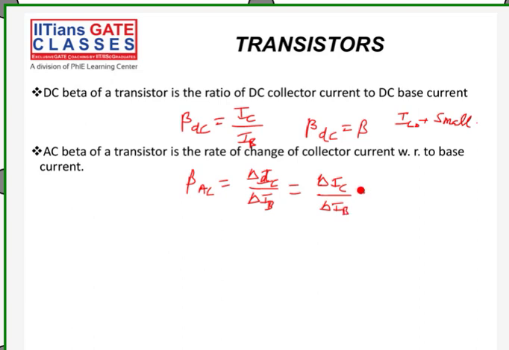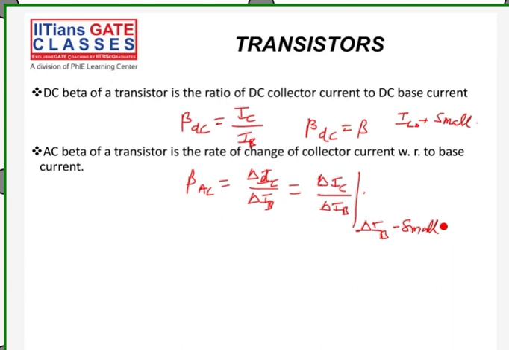Directly we can understand this: delta IC divided by delta IB when delta IB is very small, a very negligible value.